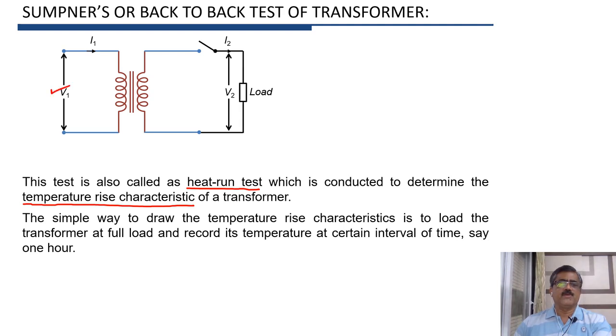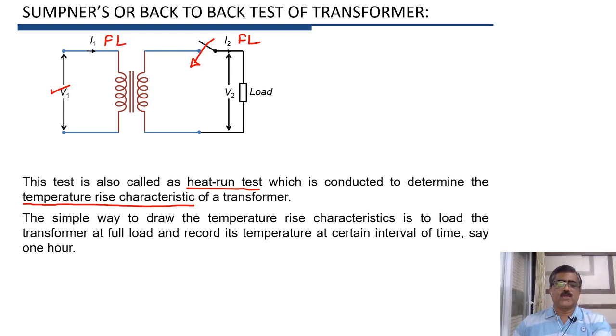Here V1 is the rated voltage applied to the transformer and we have to connect load across secondary. And the load is adjusted such that full load current flows through primary and secondary. So, this I2 is full load current and I1 is also full load current.